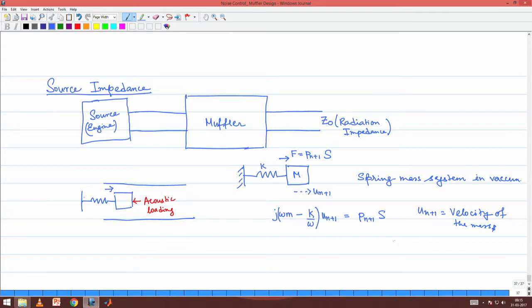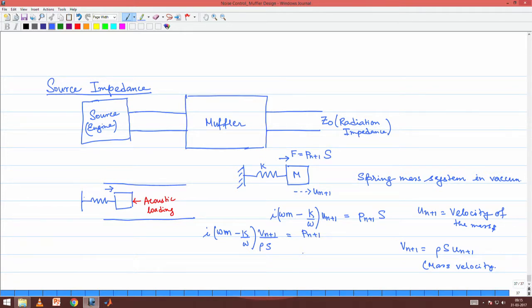But then if we want to convert to mass velocity, we will need to account for rho times S times U n plus 1. So, this is the mass velocity. So, in other words, I could write this situation, using I instead of j, as I omega m minus k by omega times V n plus 1 divided by rho S P n plus 1.